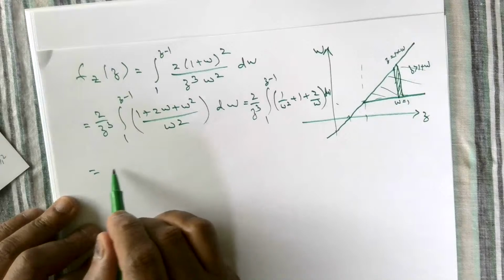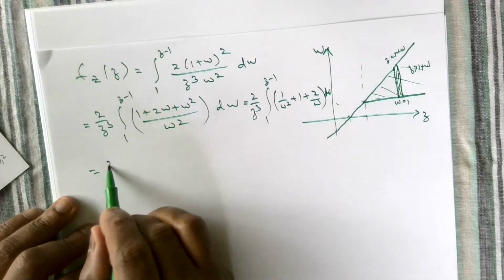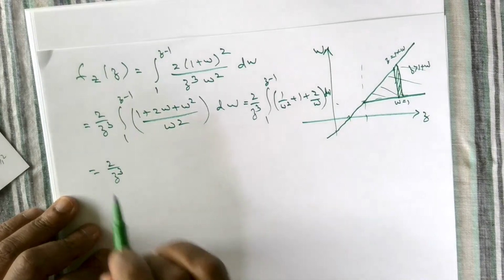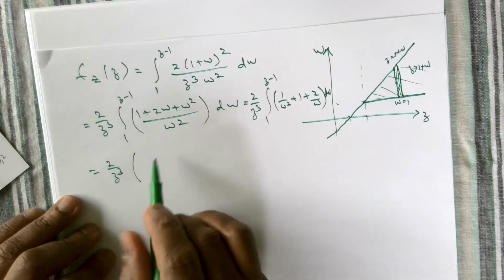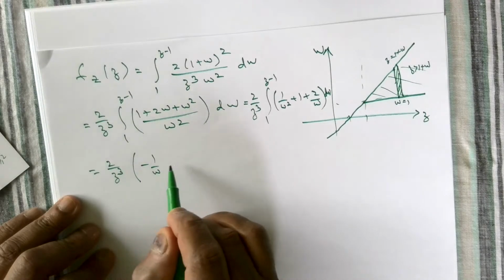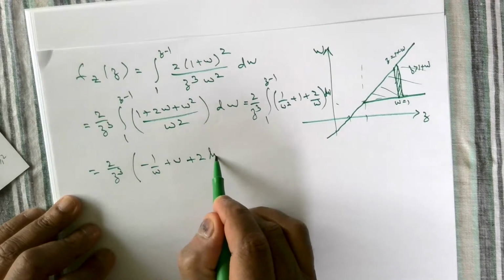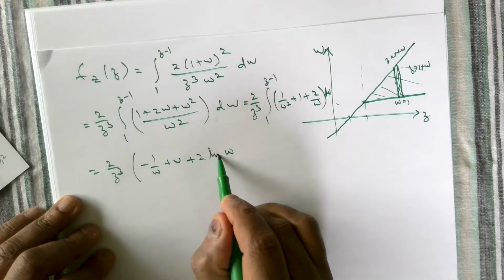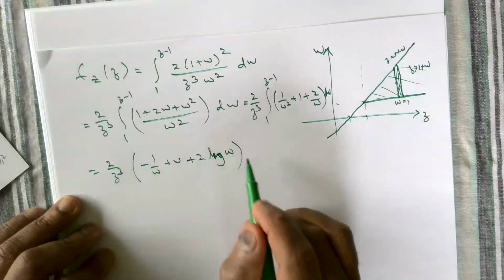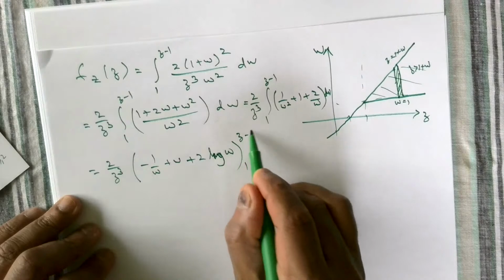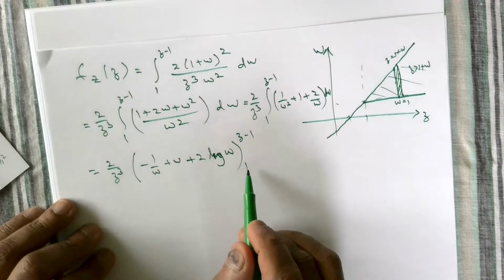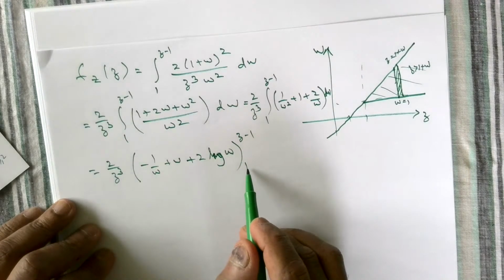So if I integrate this, this is 2 over z cubed times minus 1 over w plus w plus 2 log w, from 1 to z minus 1. So let's look at the bottom value to be substituted.